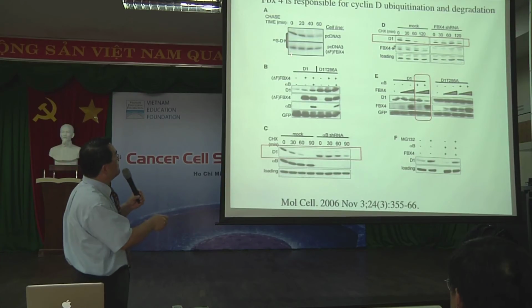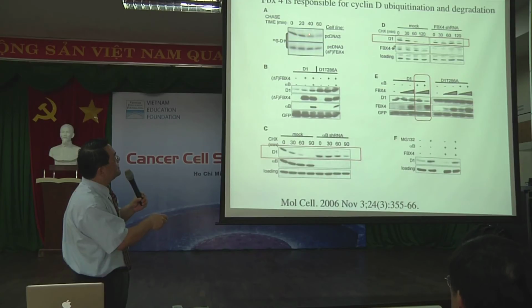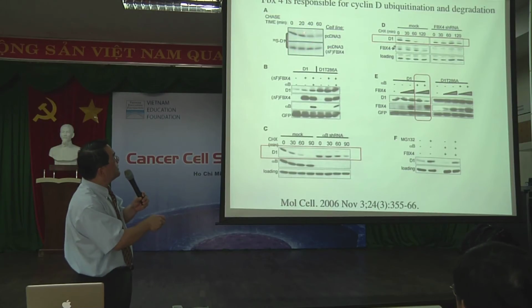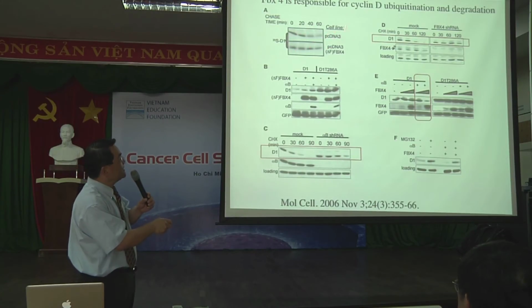Okay, you see from the band difference here. Here, following the time course, cyclin D1 disappears, but here, cyclin D is much more stable than the one you see in this particular cell.